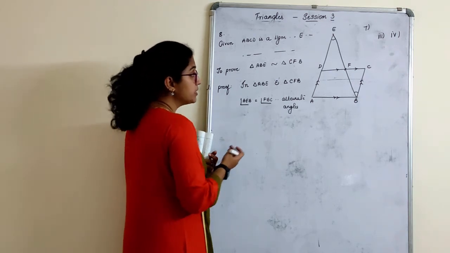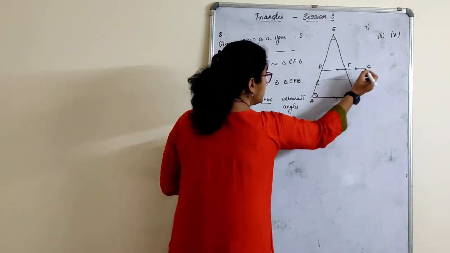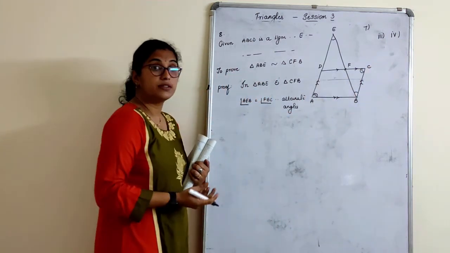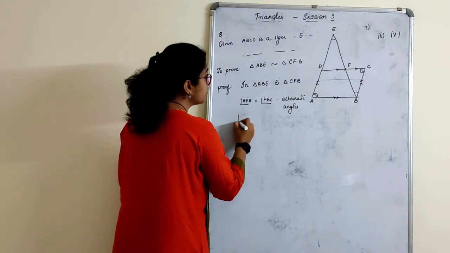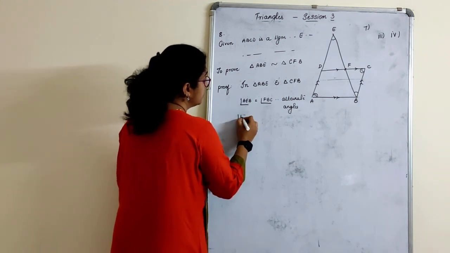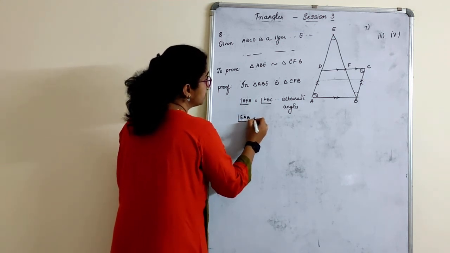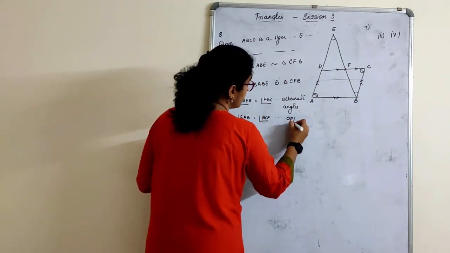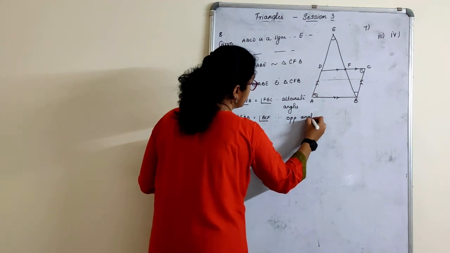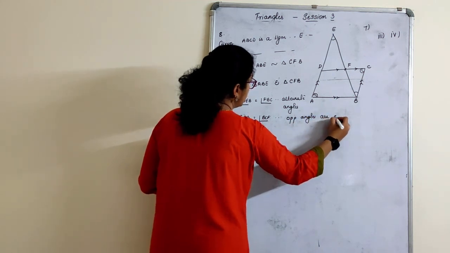Then which one? Can I tell angle A is equal to angle C? Why? Opposite angles of a parallelogram are equal. So, angle EAB is equal to angle BCF. Opposite angles are equal.